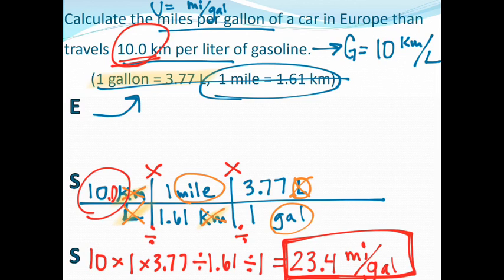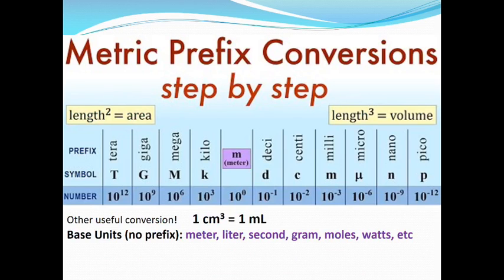So at this point, the next page of your packet is the metric prefix conversions. And some classes got to start on going over this with me and some did not. But you actually should go ahead and jump to your podcast that was a homework this night, because on that podcast on page 17, or rather, it starts on page 18.